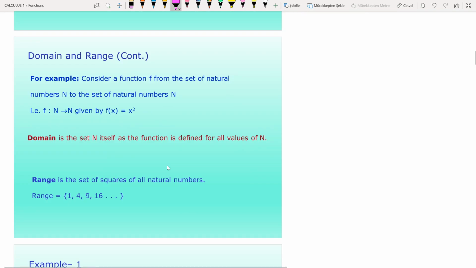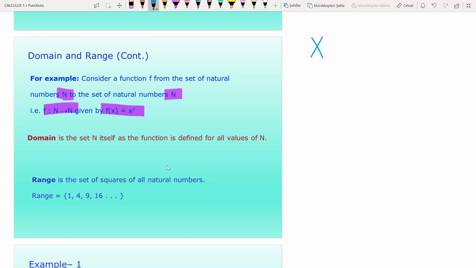Now consider a function from the set of natural numbers, that is N, to the set of natural numbers N. So f is from N to N, and consider the famous parabola x squared. What is the domain and what is the range of x squared? The domain is the set of natural numbers itself, as the function is defined for all values of n.